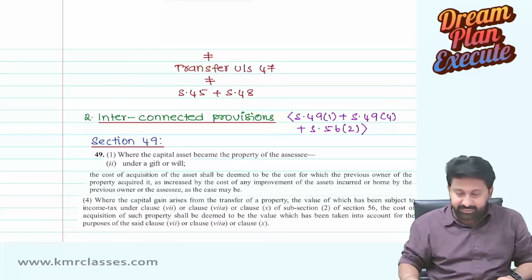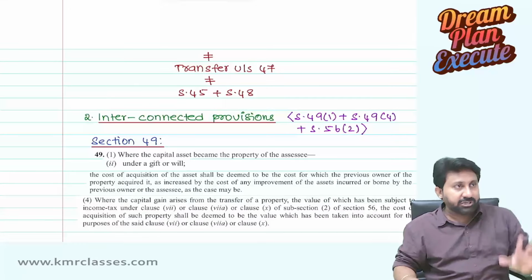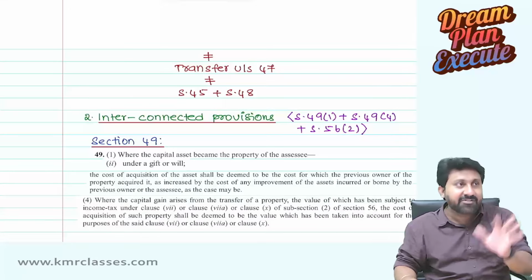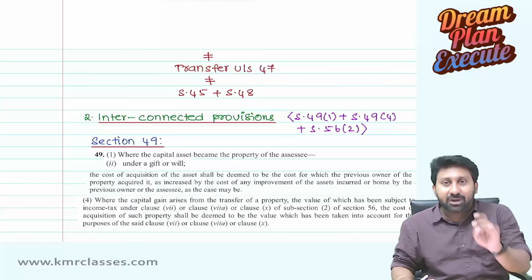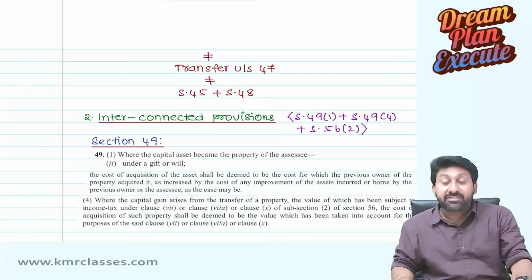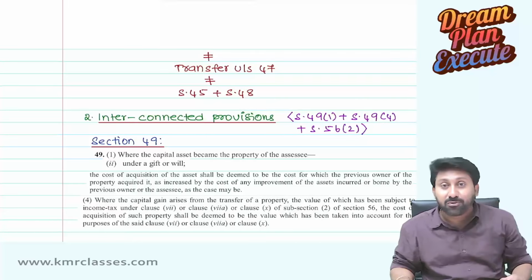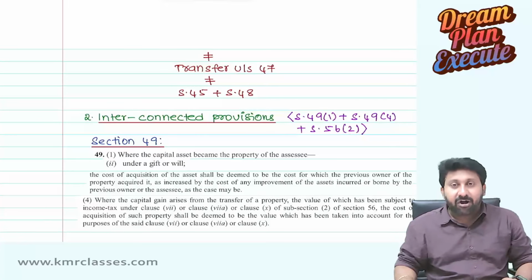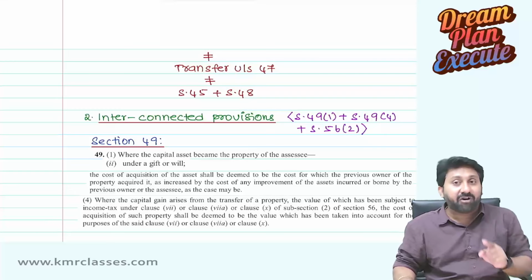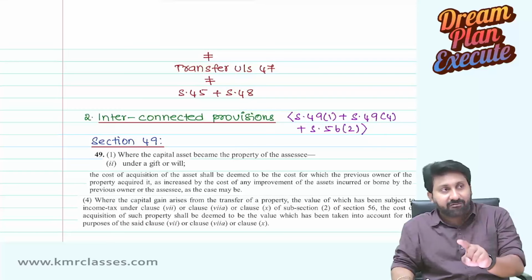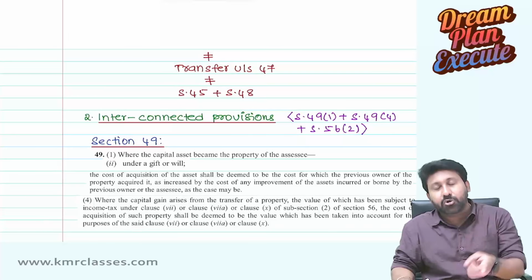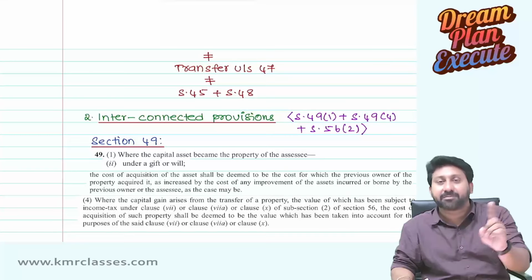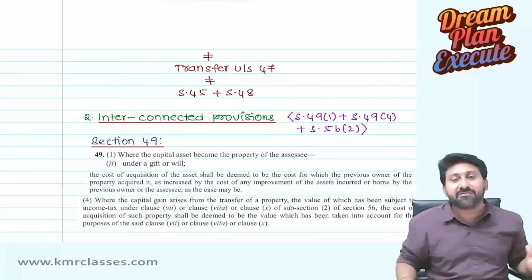Okay, next, interconnected provisions is a golden discussion we are going to make. If there is any qualitative discussion which adds some understanding to you, it is this one. 47(3) is easy, but 47(3) read with section 49(1), read with section 49(4), read with section 56(2)(x), sub-clause A, sub-clause B, sub-clause C, is the discussion we are going to do today.